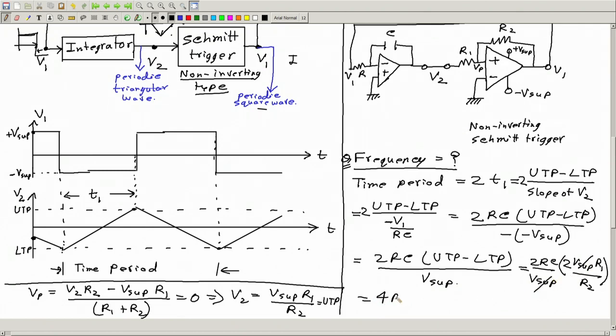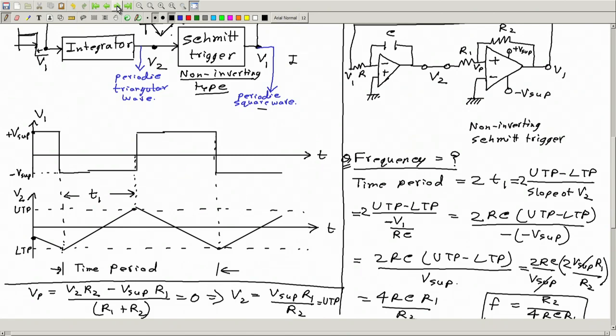So it is 4RC R1 by R2, done. So frequency is how much? Frequency is 1 over this. So this will be R2 by 4RC R1. Okay, so we can find the frequency in this way.